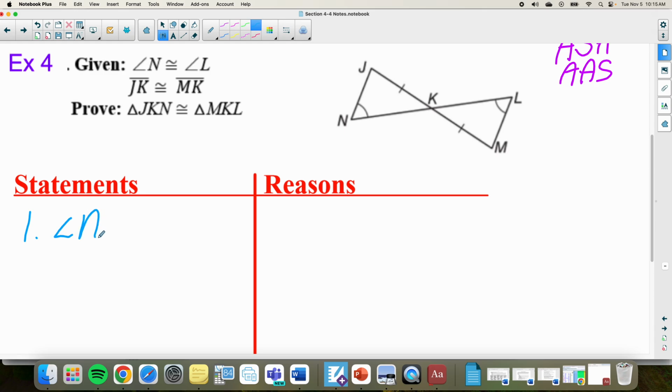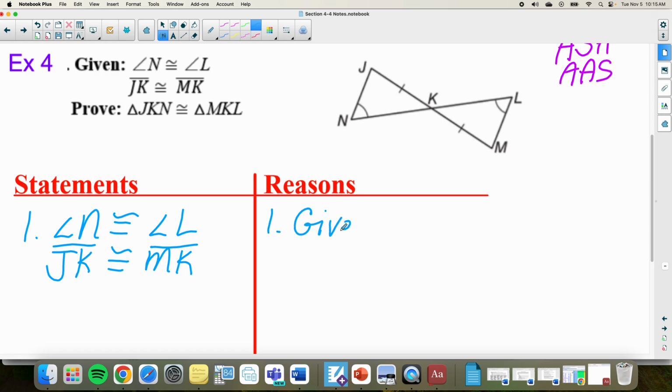So we're going to write down the given. Angle N is congruent to angle L, and JK is congruent to MK, and that is given. Okay? Now, those two things are both marked here. Do you guys see something else that we can do? Vertical angles. Vertical angles, very good.